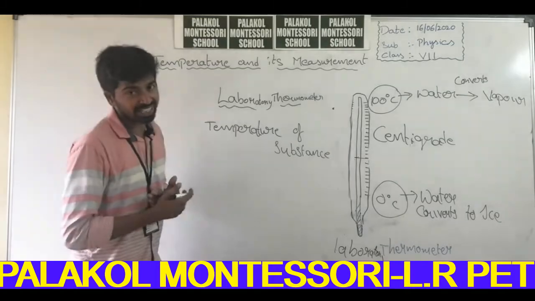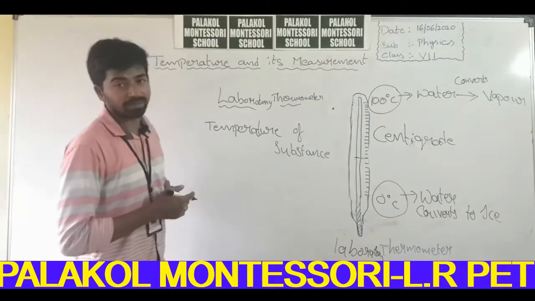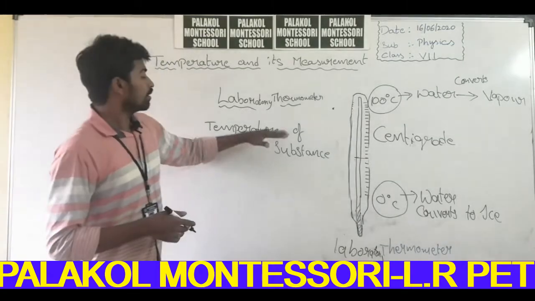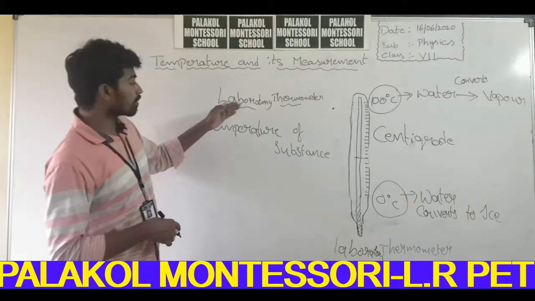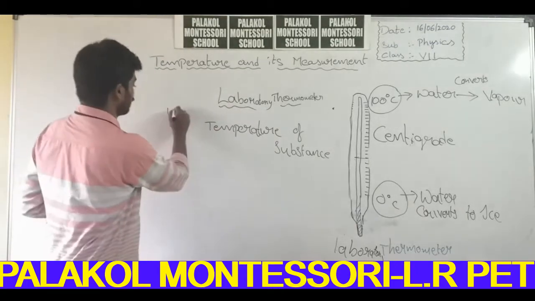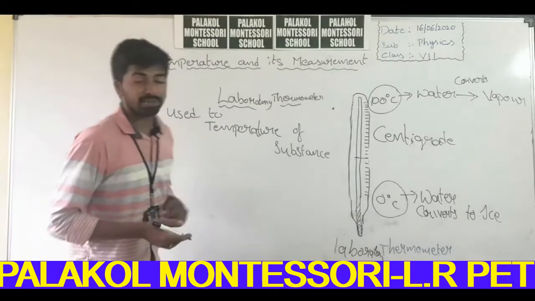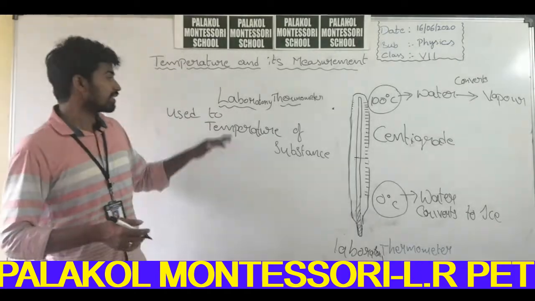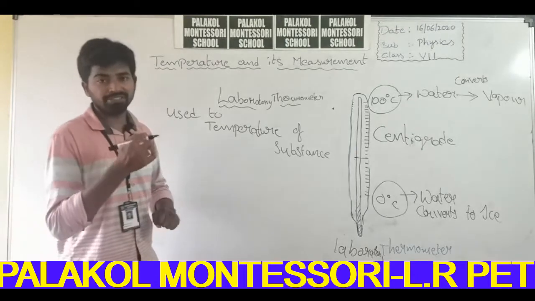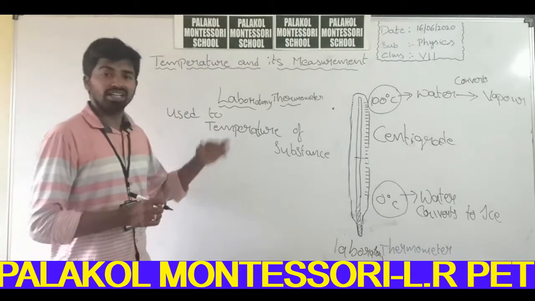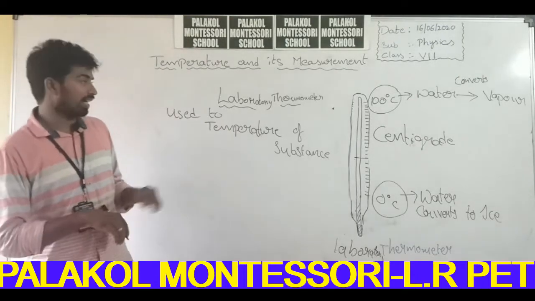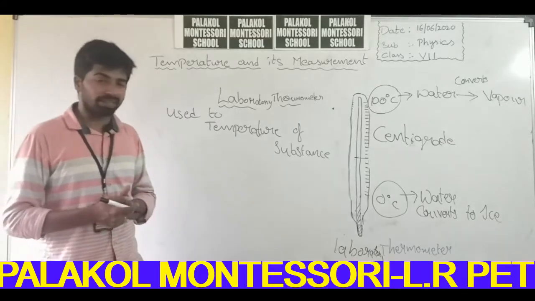I will discuss later why we use only the laboratory thermometer. What is a laboratory thermometer? The thermometer which is used to measure the temperature of substances is called a laboratory thermometer.